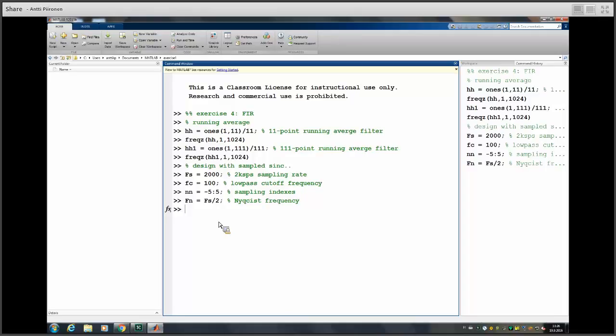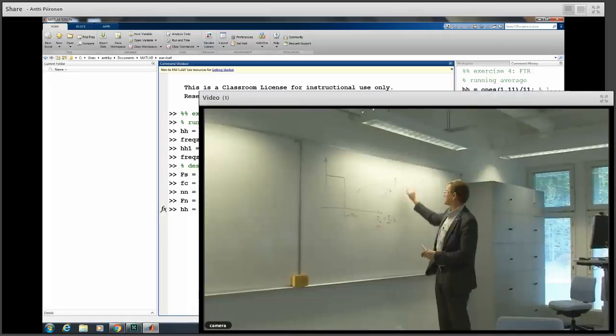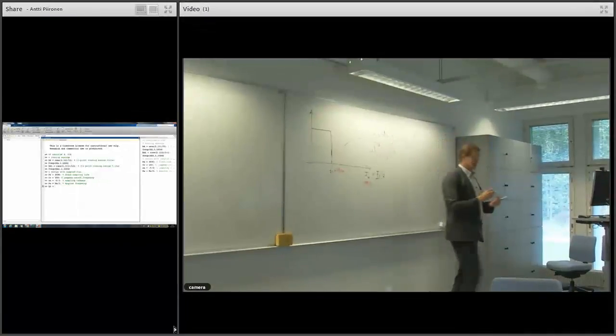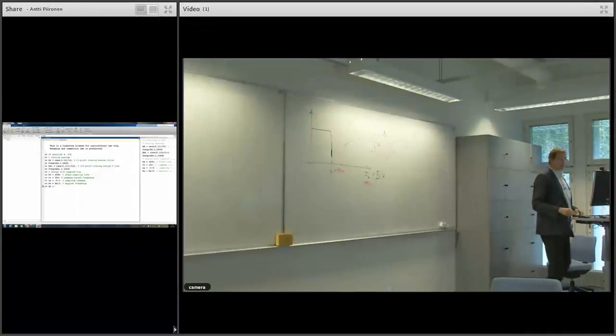So then we sample the sinc, and when we sample it like that, we are actually saying this is a box-type window, just those values and no zeros on either side. That's a box multiplication.